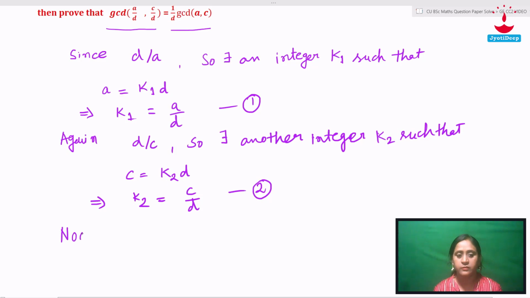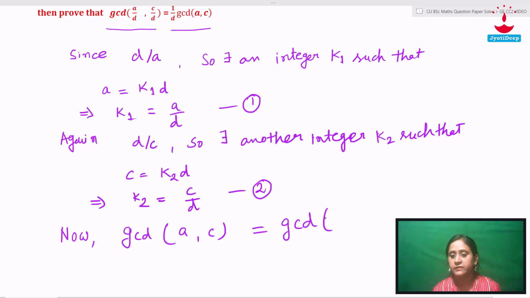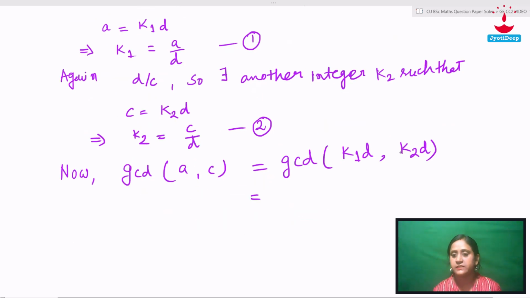Now GCD of A, C is equals to GCD of A is equals to k1D, we know, and C is equals to k2D. Put here. Now GCD of k1D comma k2D. So D is common in this, and a theorem is also there.